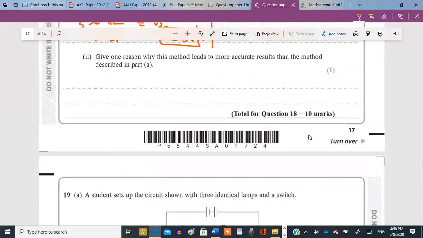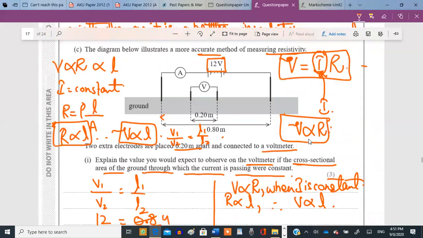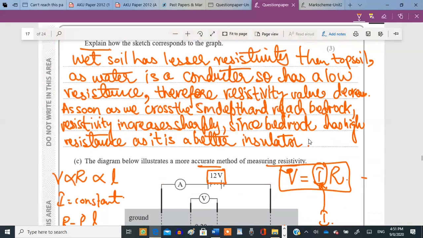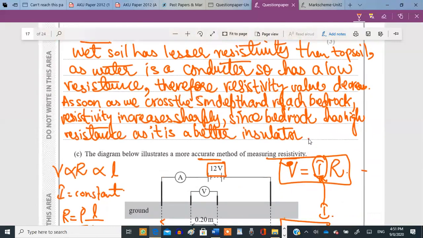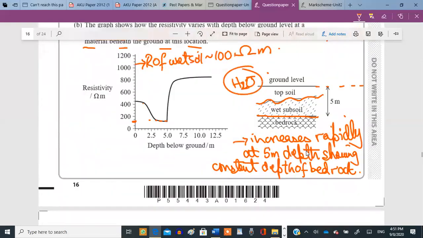Give one reason why this method leads to a more accurate result than the method described in part A. This is a potential divider circuit. And in a potential divider circuit, we know from theory that potential dividers are better than any other voltmeter.